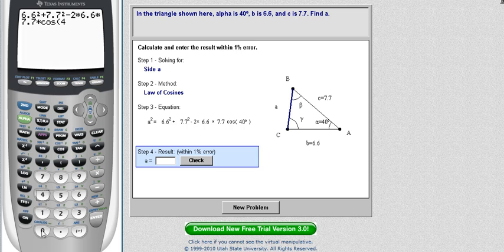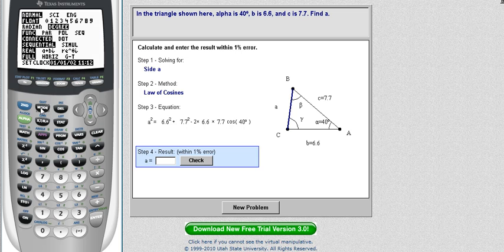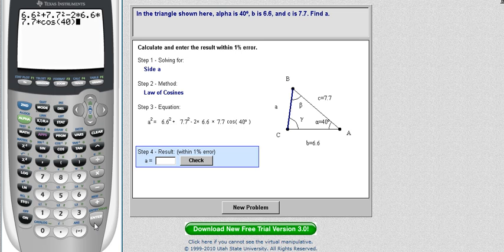I just want to make sure quickly that I'm still in degree mode, which I am, and I'm ready to multiply that out. And that gives me that a is 24.989.